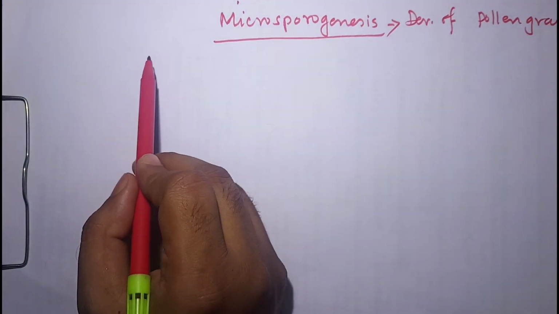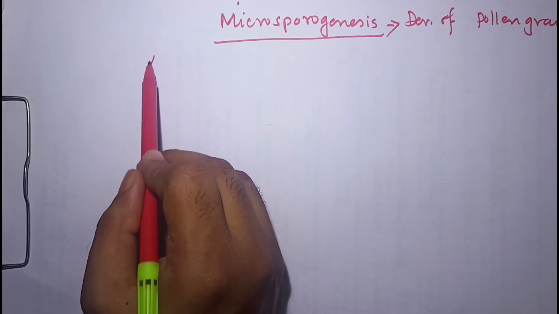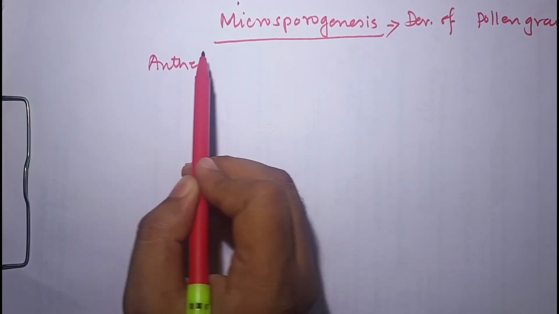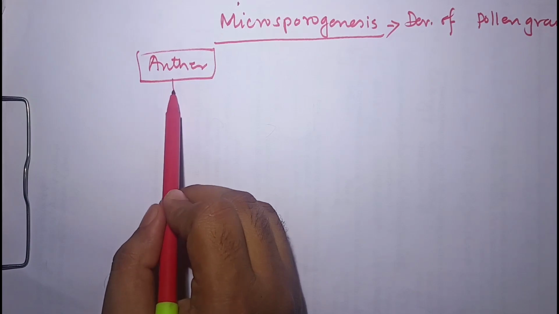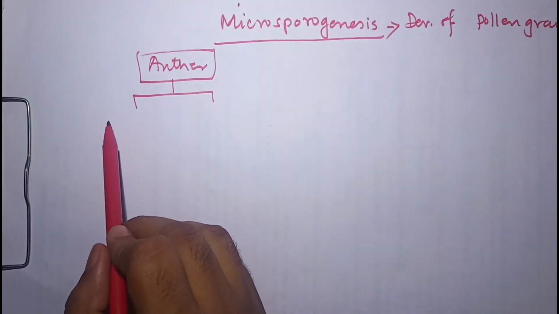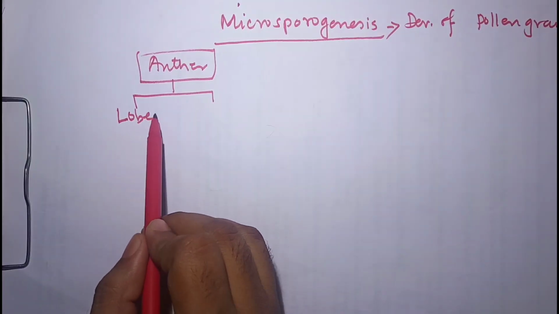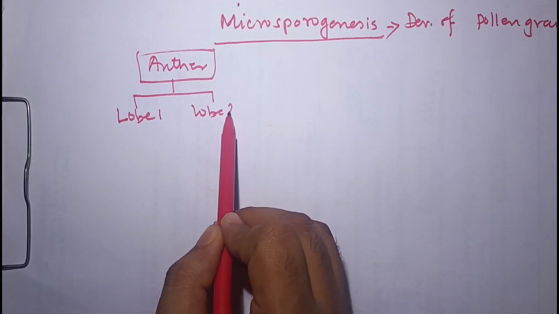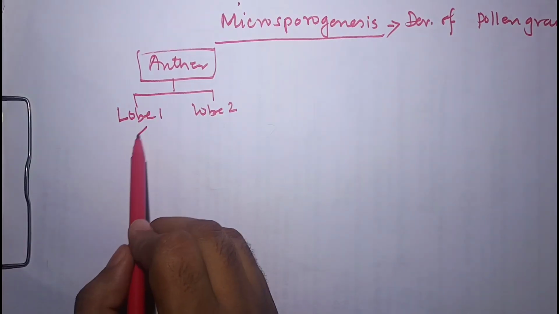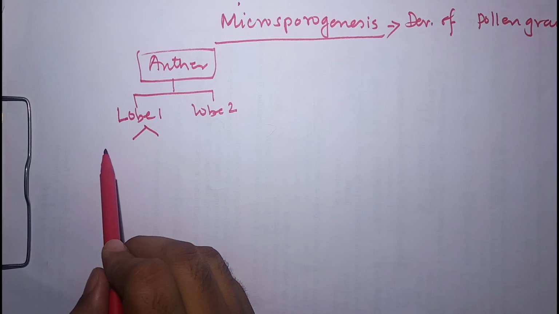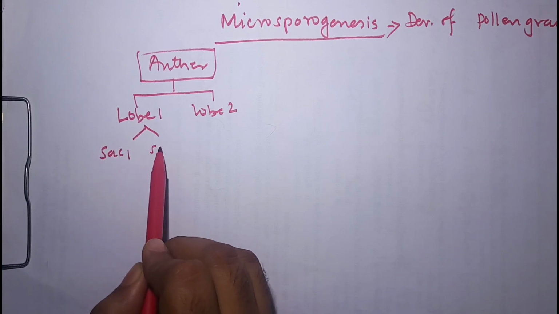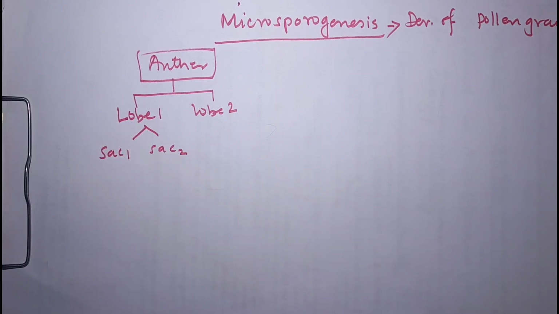Now see, anther, how many lobes does it have? 2 lobes, lobe 1 and lobe 2. In each lobe, how many sacs? 2 sacs, sac 1, sac 2, and similarly here.